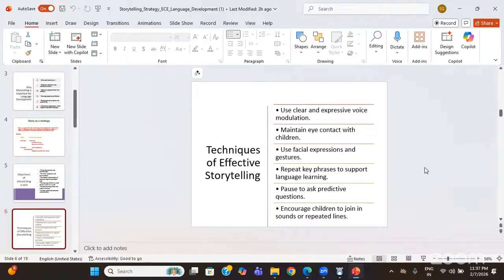So there are many, many techniques of storytelling. By using voice modulations, facial expressions, gestures, and then also, next by using semi-concrete method by showing flashcards, story cards, story books, and then next is enacting the story.